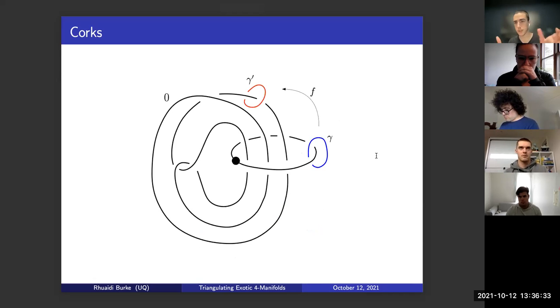So here's a picture of a cork. I won't explain why or prove it or anything, but just take my word for it. So you can see the cork itself is this zero-framed two handle, and then this dotted unknot is the one handle. And then this gamma loop: if you've got a loop on one of the components, then the involution on the manifold basically exchanges where the gamma loop sits on one of these components.